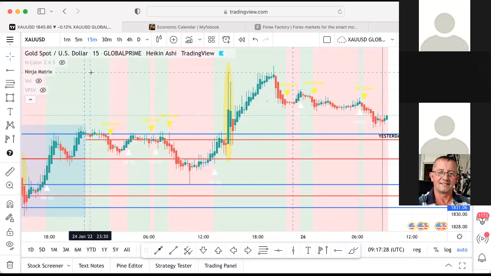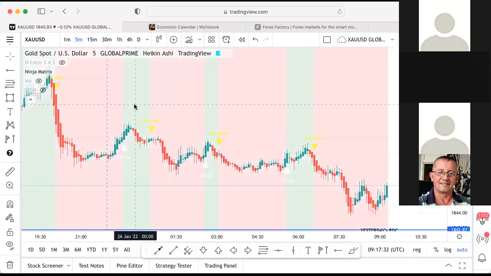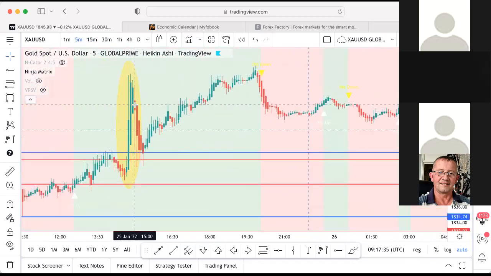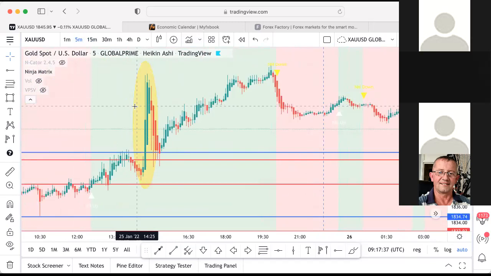But I then started to go back down again, and I went down to a 5-minute. I should have marked that before. I went down to the 5-minute, and I noticed that it was actually that candle there where most of the action happened. It went up to there.